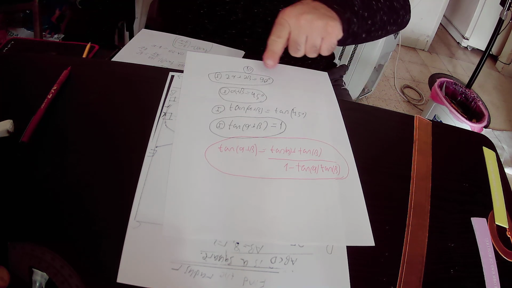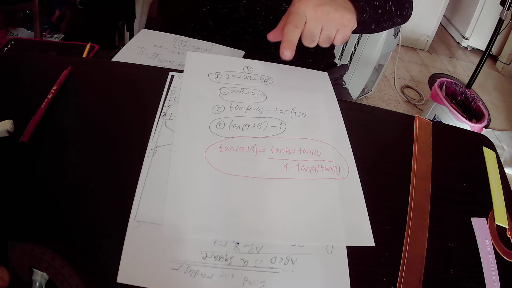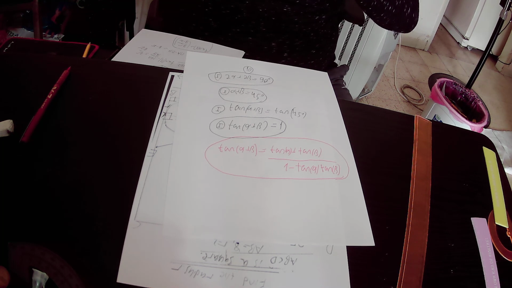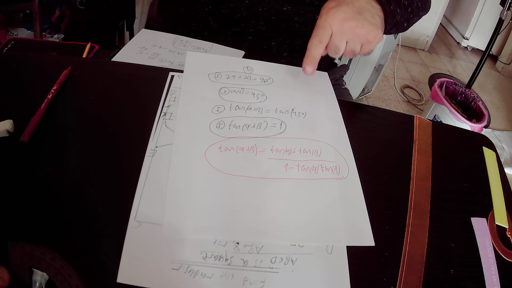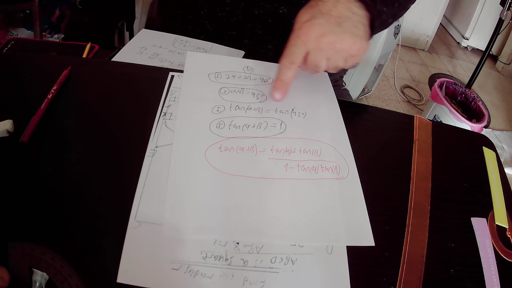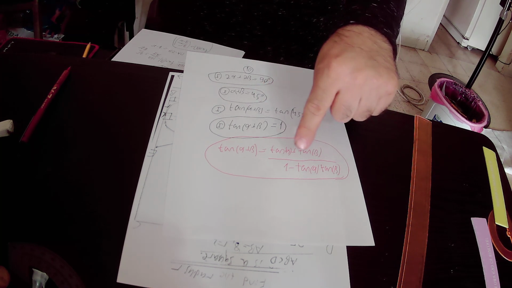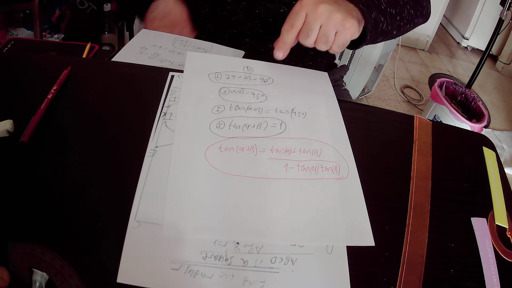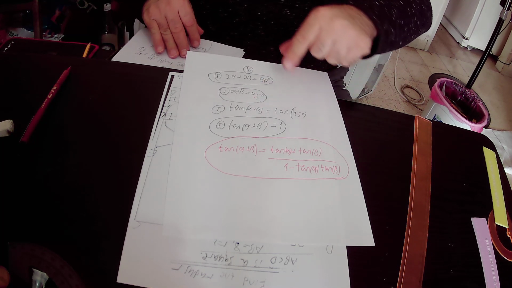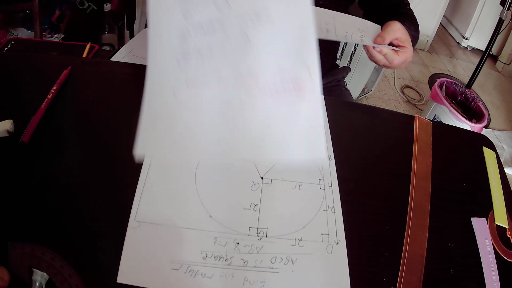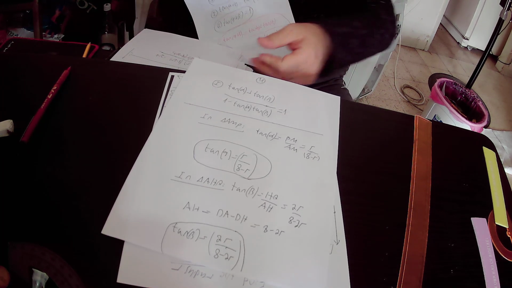And if alpha plus beta equals 45 degrees, then tangent of alpha plus beta will be equal to tangent of 45 degrees. Okay, and we know that tangent 45 degrees is 1, and tangent of alpha plus beta equals this expression according to this trigonometric identity. So we substituted the tangent of alpha plus beta by this expression, and we got this equality.